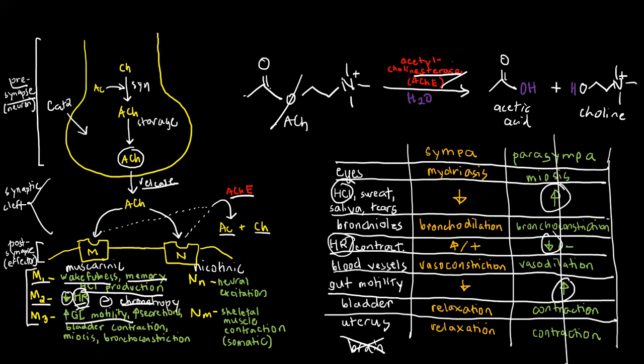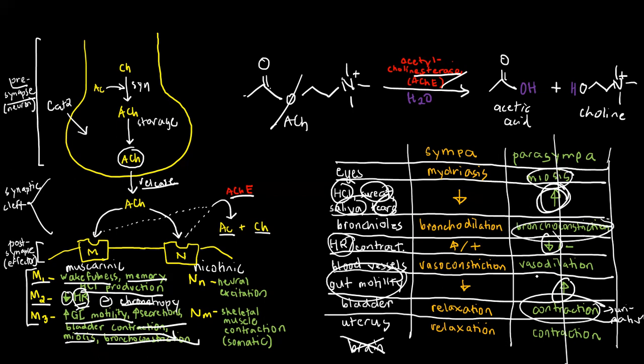Increased GI motility, increased secretions, and by secretions, we are referring to sweat, saliva, and tears. Bladder contraction is here, which actually leads to urination. Miosis, of course, we already know that very well. The narrowing of the pupil, and bronchoconstriction, which is also there. There is not so much mention of effect on blood vessels and the uterus. So maybe if there is innervation, so far our drugs related to the cholinergic division don't really touch on these. So they're not mentioned as much.